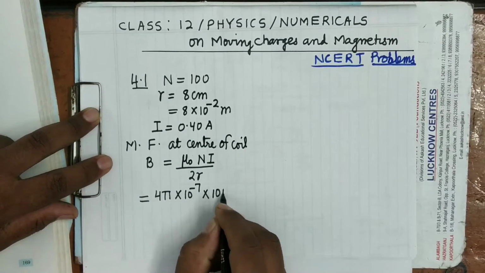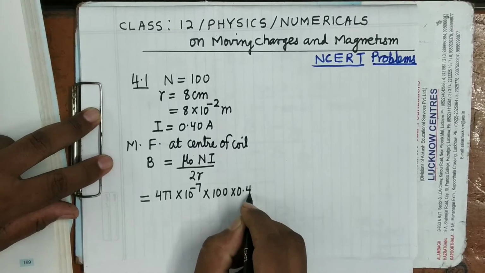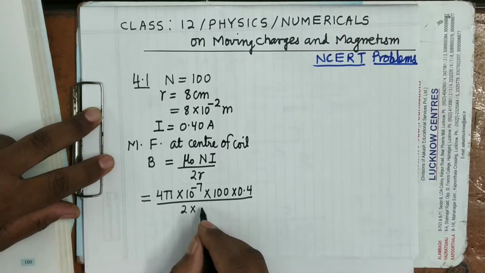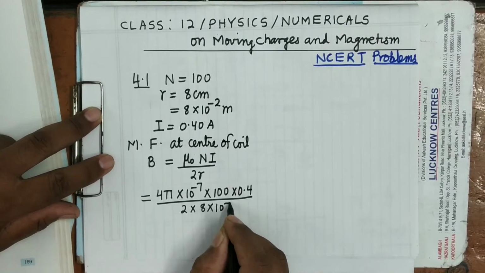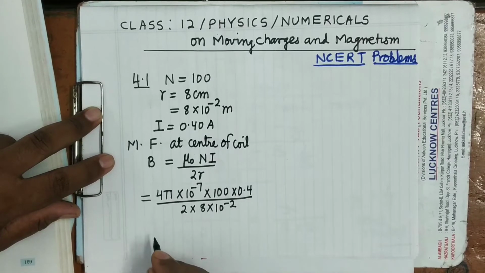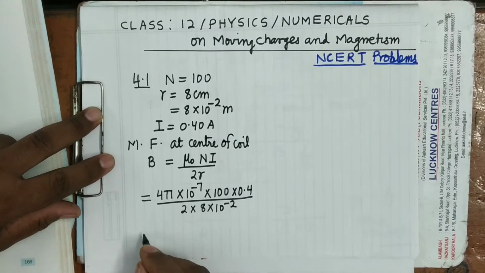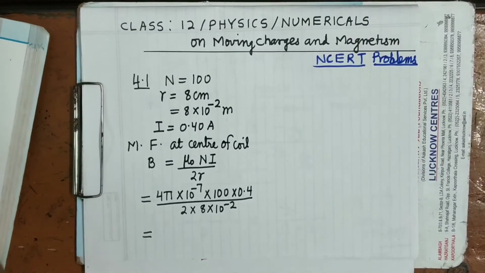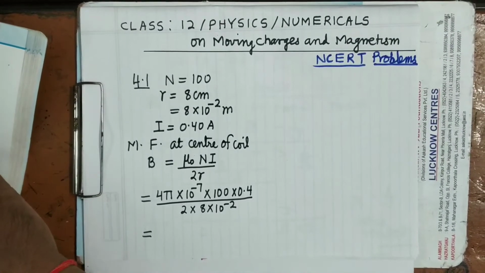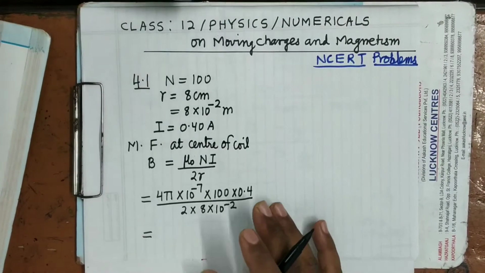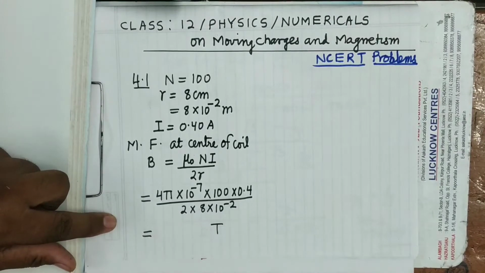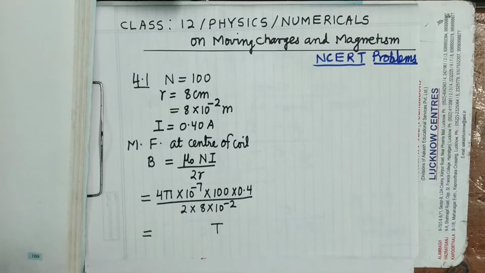N is given 100, I is given 0.4, and R is 8 into 10 to the power minus 2. You can simplify this and then further you can do, so I am not solving it completely, so that you can solve it and the answer will come in Tesla. It's clear? Now see the second question.